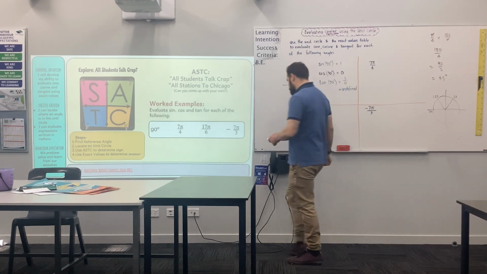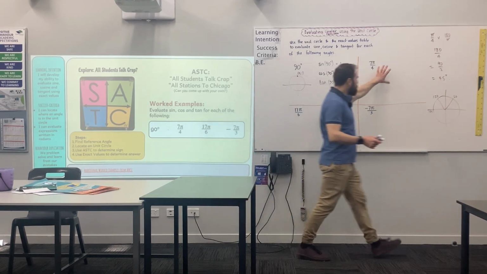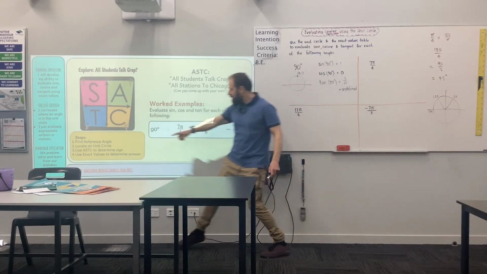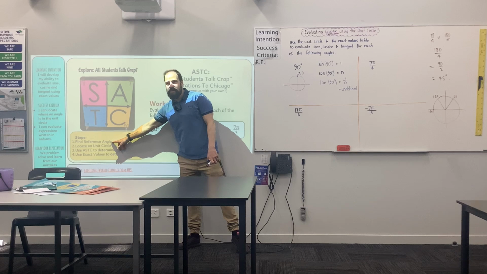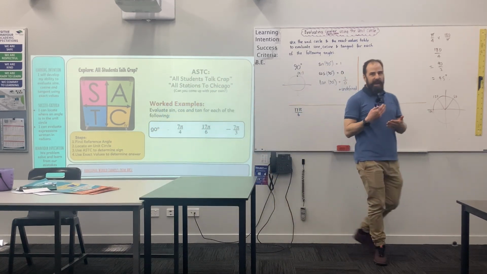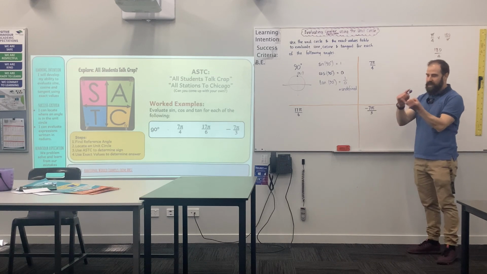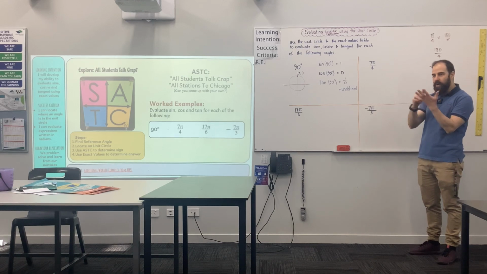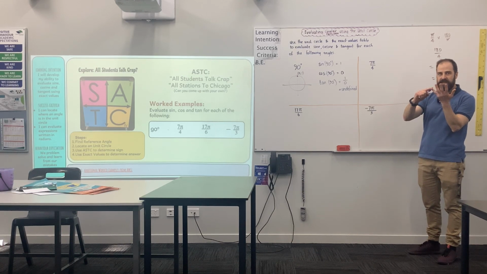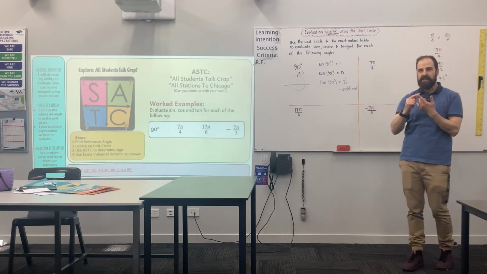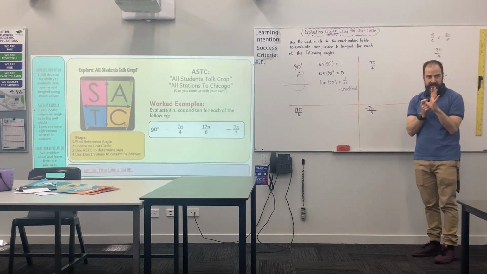Second example. I actually want to do this one, 7 pi over 4. So first thing, step 1. We're going to talk about the reference angle. So when I talk about the reference angle, in our exact values table, we have 0 degrees, 30 degrees, 45 degrees, 60 degrees, and 90 degrees. Or we have 0 radians, pi on 6 radians, pi on 4 radians, pi on 3 radians, and pi on 2 radians.